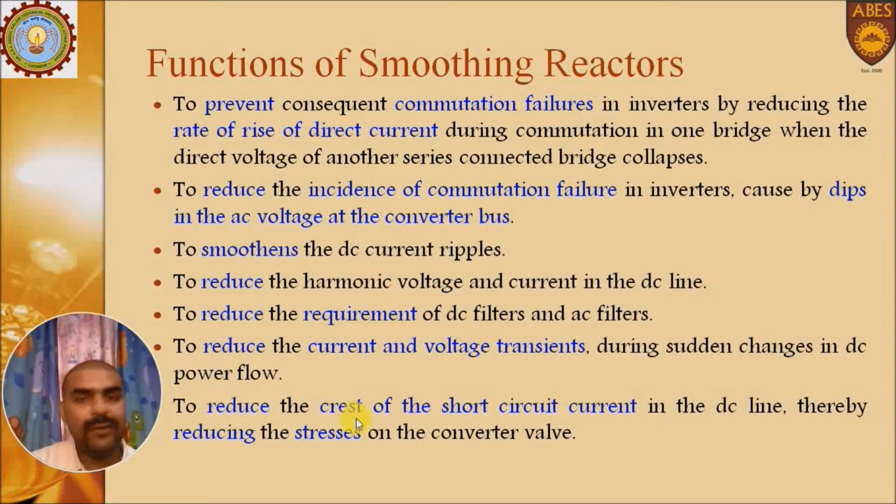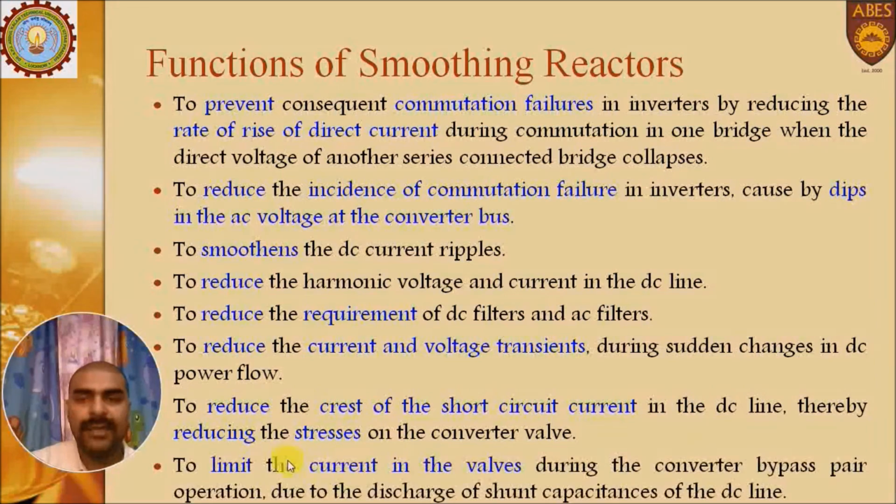It reduces the crest of the short circuit current in the DC line, and if the crest is reduced, it means it reduces the stress on the converter. Then it also limits or controls the current in the valves during converter bypass pair operation. So there are different functions which a smoothing reactor performs whenever it is connected at any converter station.